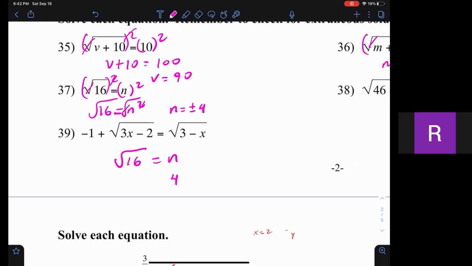Because you're squaring this, the negative doesn't work, only the positive works, because in here it would be negative 4, and this can be positive 4 as well. So negative doesn't work, only positive works. So the answer is just positive 4. So be careful when you're doing these things, okay?